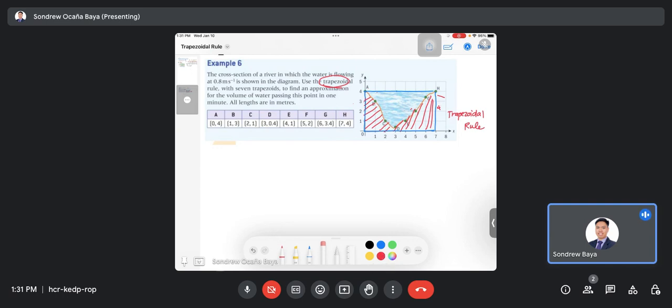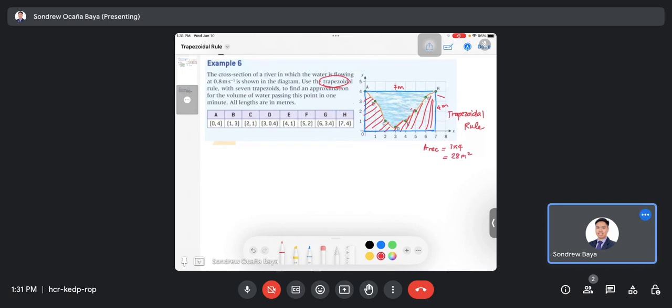If you try to read the problem, the unit given is meters, 4 meters, and the width is actually 7 meters. So basically, the area of the rectangle is equal to 7 times 4 or 28 meters squared.